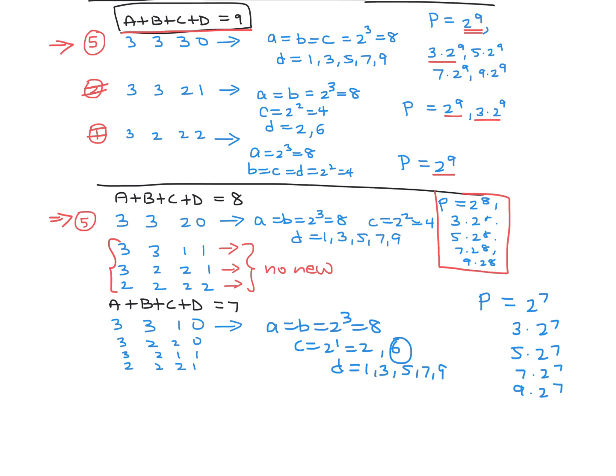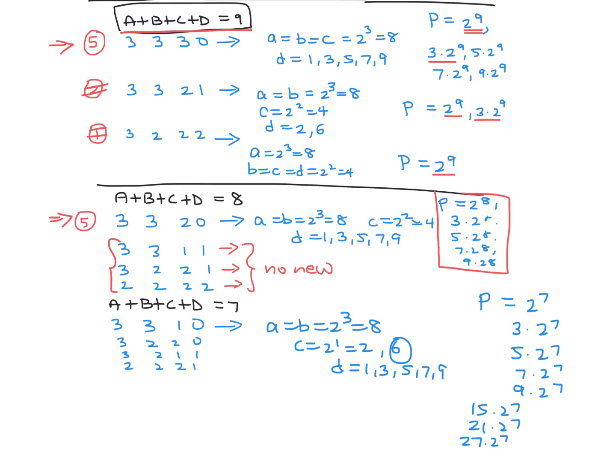And then when you start putting 6 in, it would give you, let's see here, and I'm just going to list the unique ones: 15 times 2 to the power of 7, 21 times 2 to the power of 7, and 27 times 2 to the power of 7.